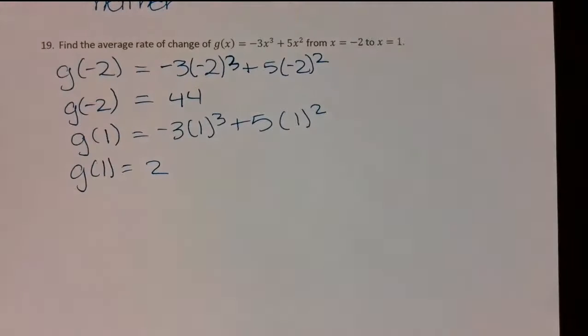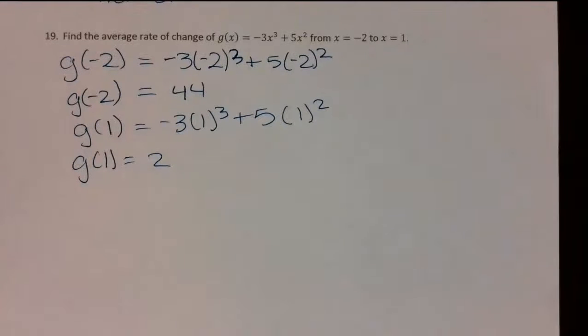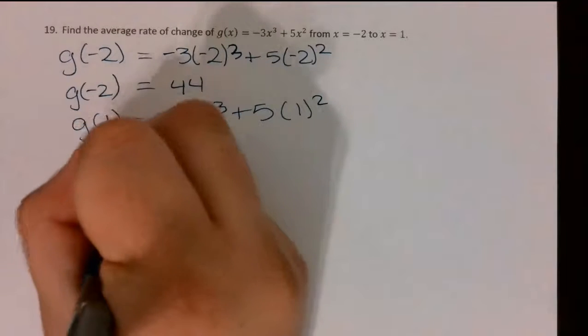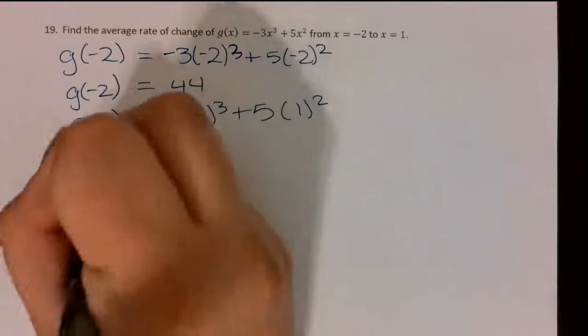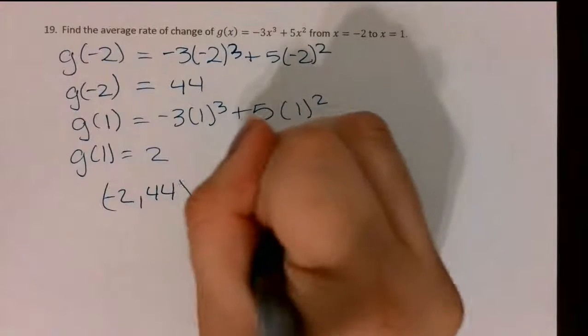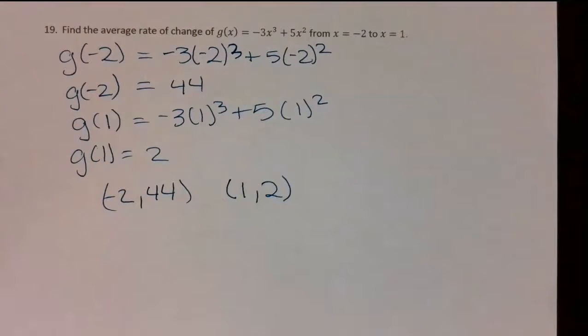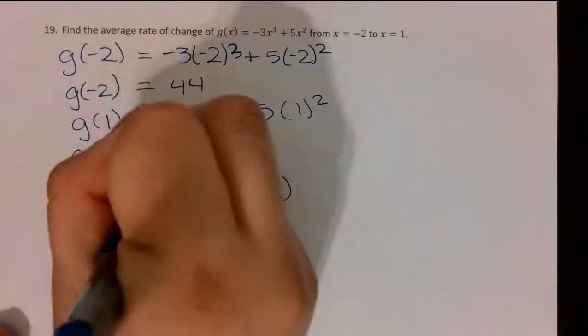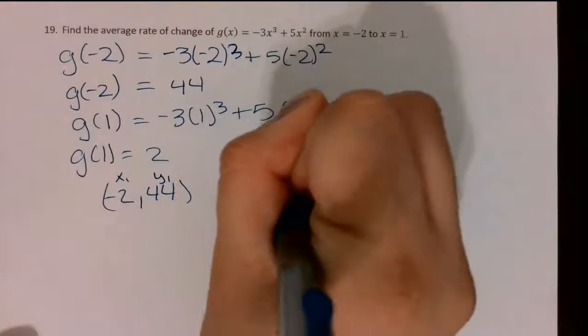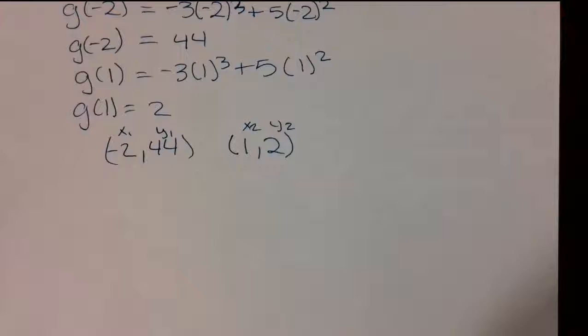So really, this is saying I have the coordinate points negative 2, 44, and 1, 2. Finding average rate of change is similar to finding slope. What we do here is label them x1 and y1, x2 and y2, and then I just plug in like I would for the slope formula.